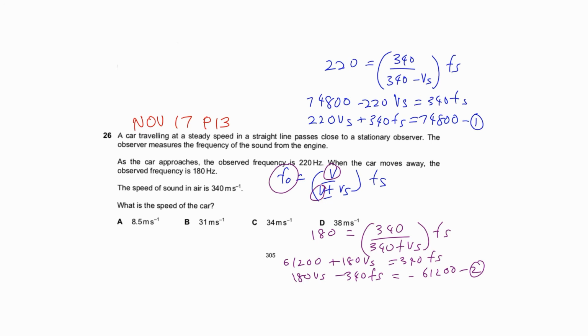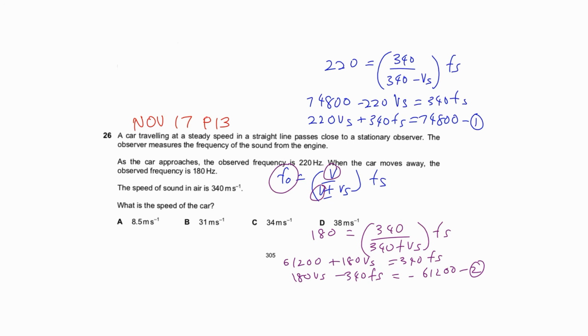Alright, so how are you going to solve this? You notice you got two unknowns, so you're going to solve simultaneous equations. So you can substitute the first case, when the frequency is higher because the car approaches, so you must use the minus Vs here. So you substitute your observed frequency, the speed of the sound, and the two unknowns here. Then you cross multiply and you form an equation.